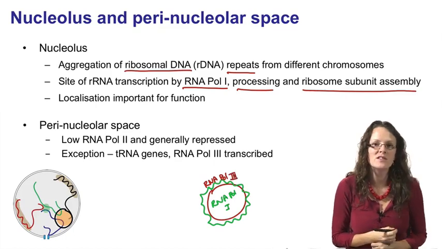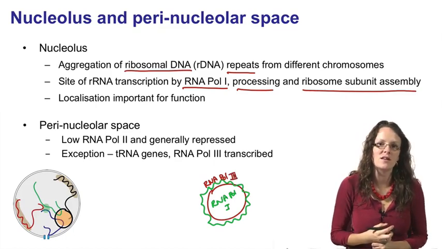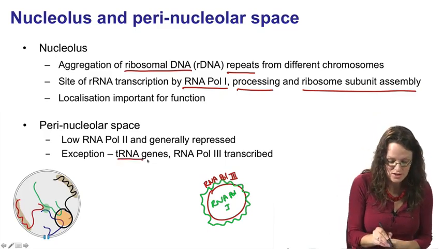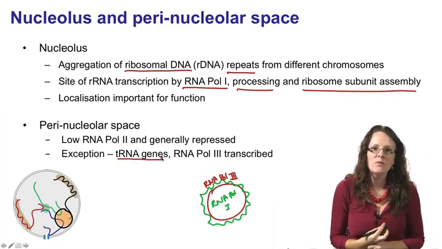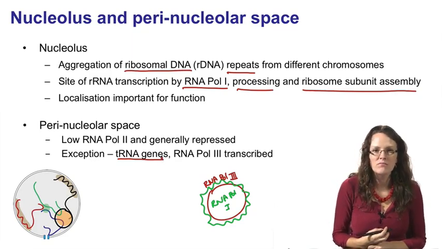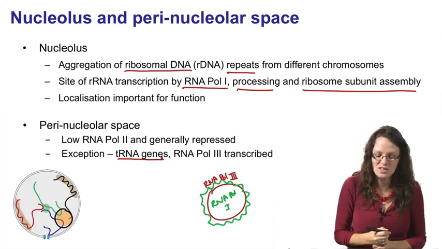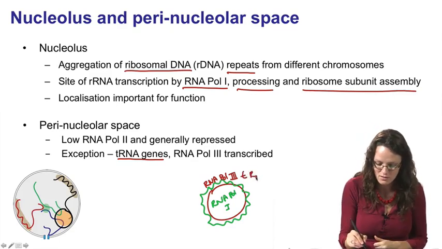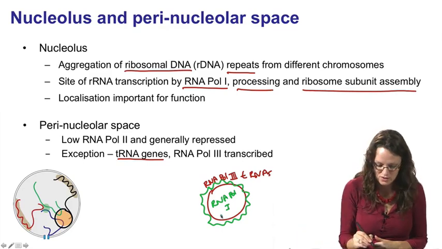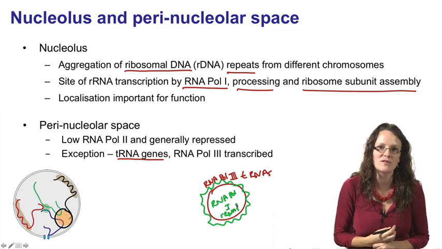And RNA polymerase 3 is important for transcribing the transfer RNA genes, or the tRNA genes. So again, we don't really know why this happens in the perinucleolar space, but potentially there's some relevance to tRNAs, which are required, of course, for translation, being located nearby to the rRNAs, which are making up the ribosome, both of which are involved in translation.